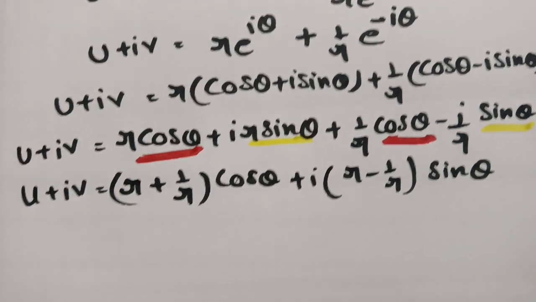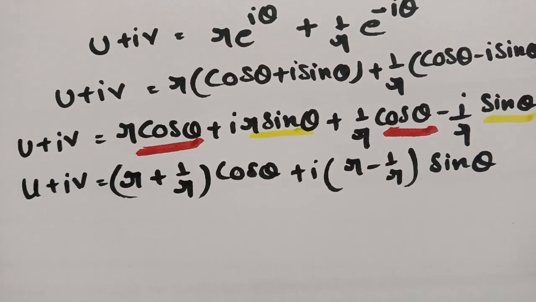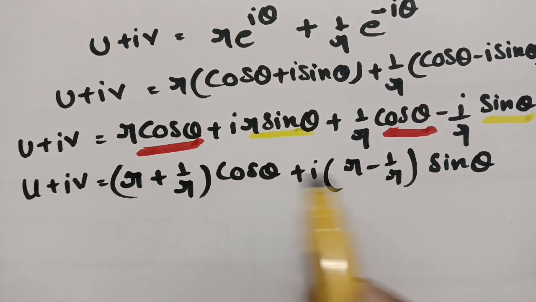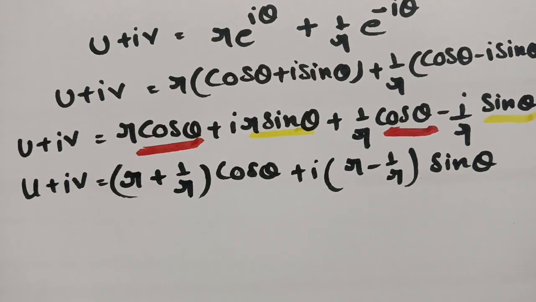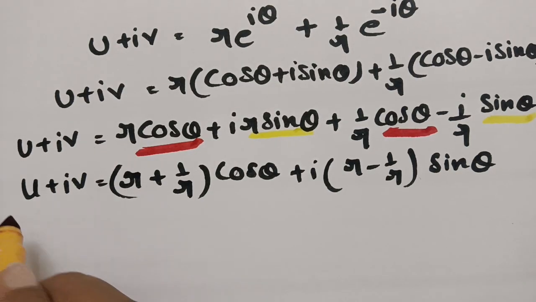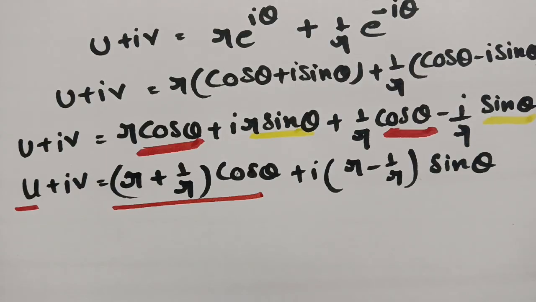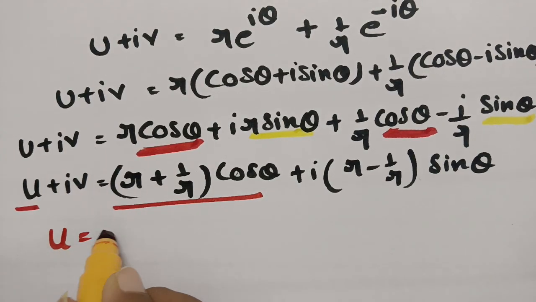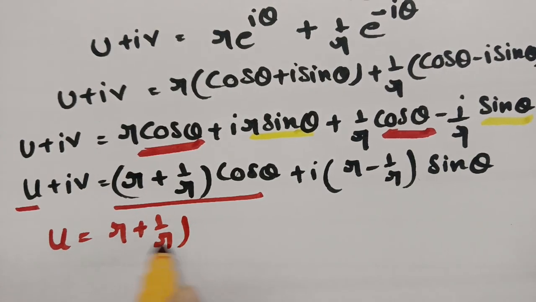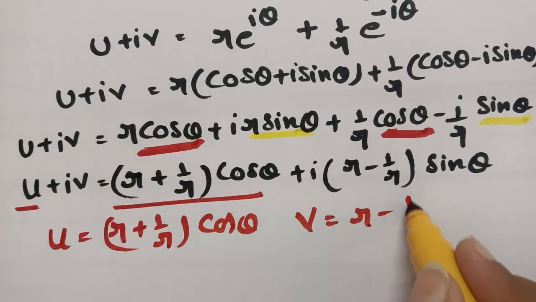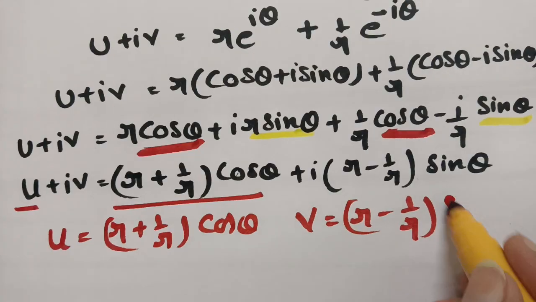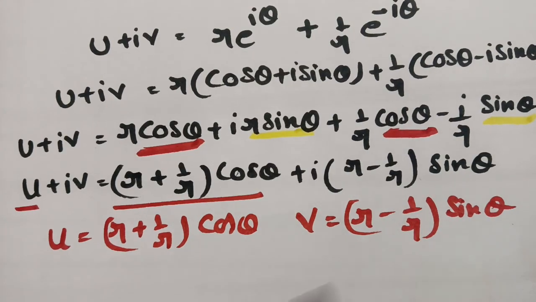Clear? So this is the real part and this is the imaginary part. On comparing the real part and the imaginary part, U is equal to R plus 1 by R times cos theta. Clear? And V is equal to R minus 1 by R into sin theta.